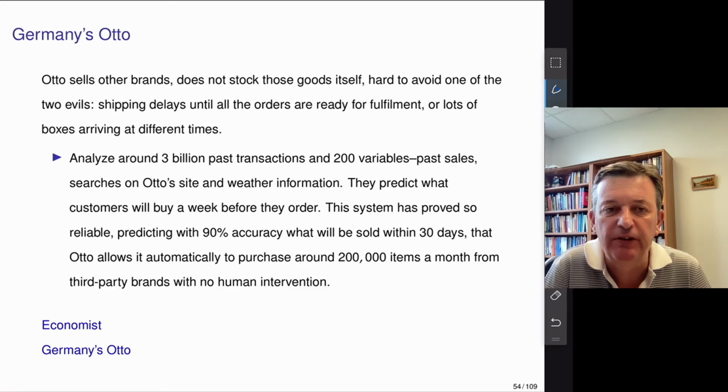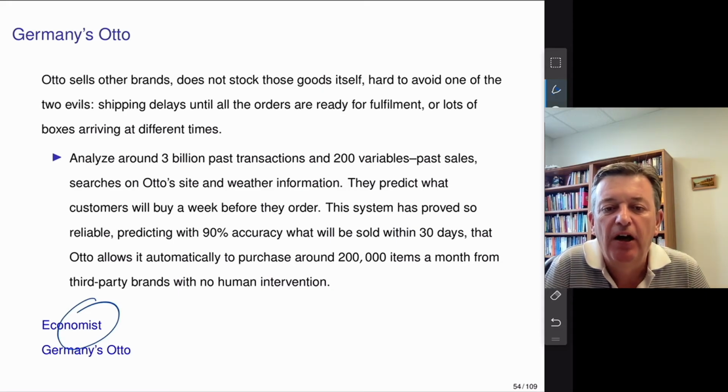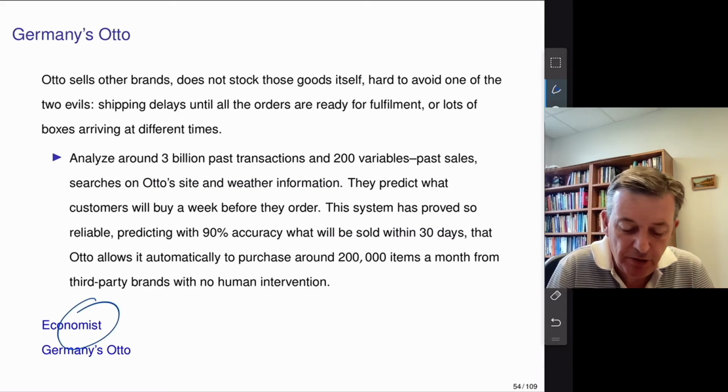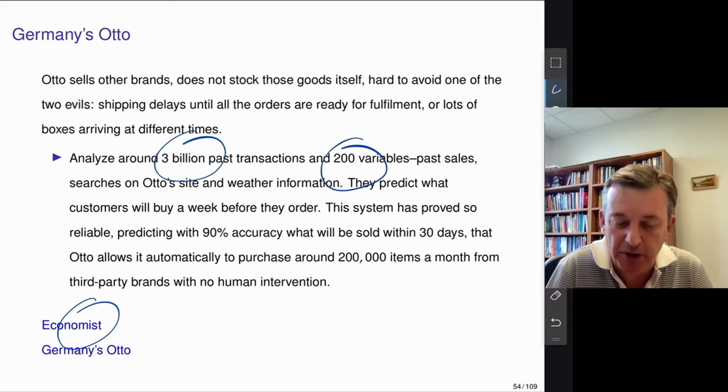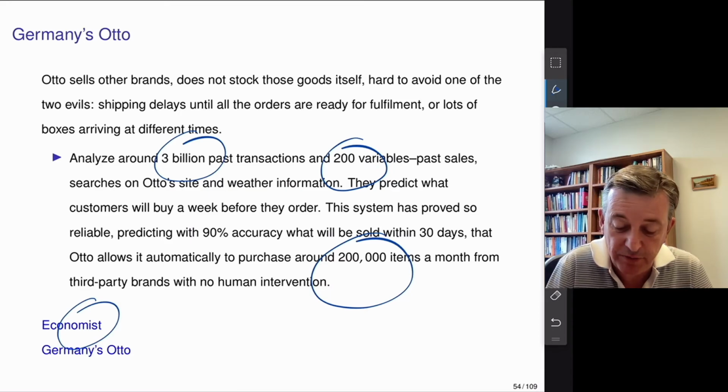The German version of Amazon is called Otto's. The Economist does a nice job of describing what type of data sets and what type of regressions they run. Every week they look at 3 billion transactions and 200 variables, and they try to build a logistics model to minimize their costs.